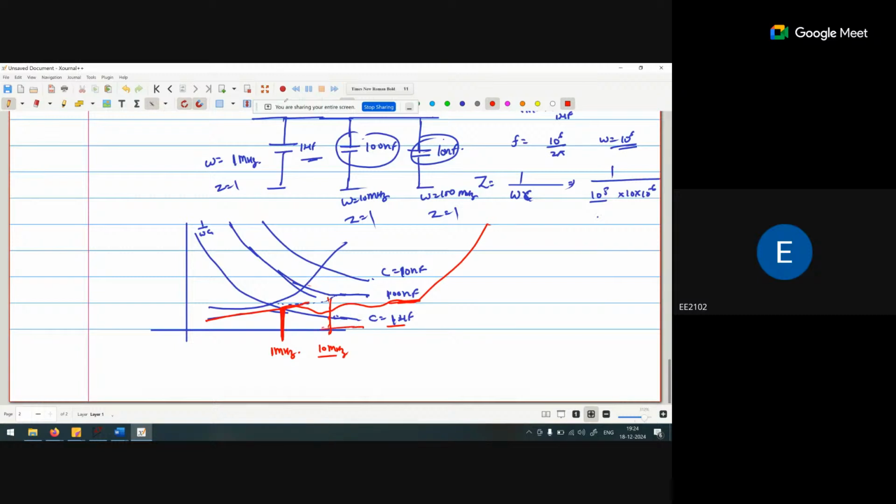After that again it will start increasing, but because of the 10 nanofarad capacitor it will again reduce at 100 megahertz. Okay, and after 100 megahertz it will start increasing. So now my span is 1 megahertz to 100 megahertz. This is the span.